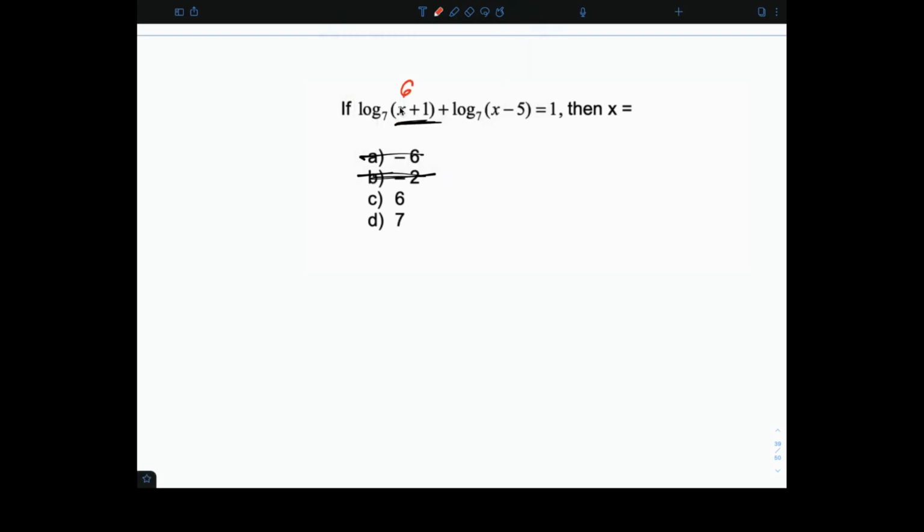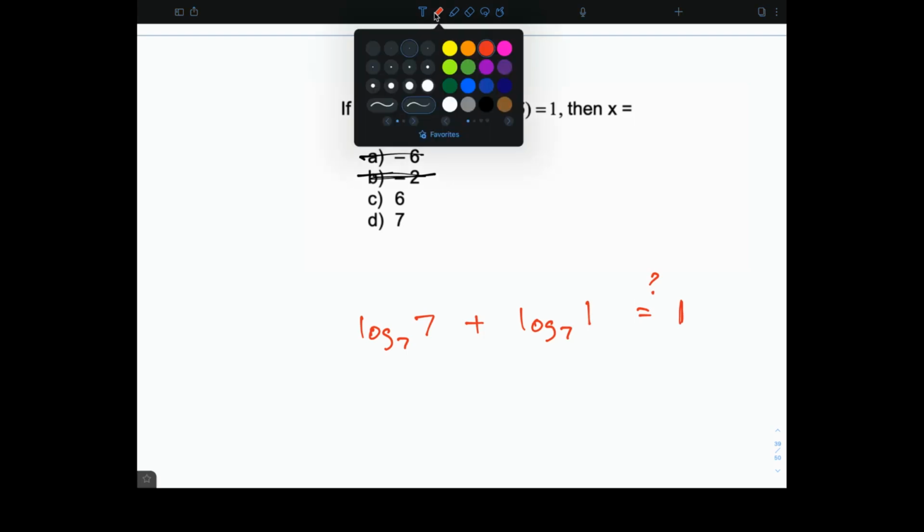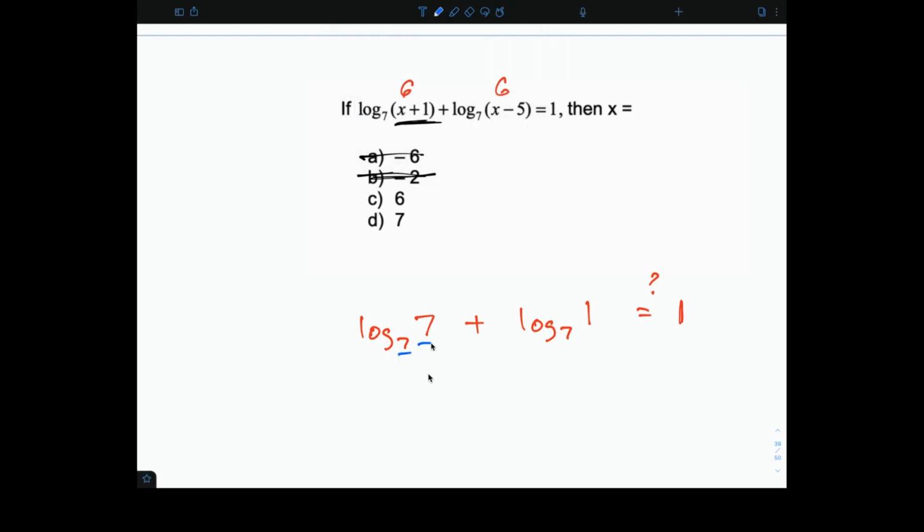So I'll plug in 6. And so if we plug in 6, we get log base 7 of 7 plus log base 7 of 1. We're seeing if that's going to equal 1. Well, I know log base 7 of 7, if these two match up, remember this exponent is 1, this is just equal to 1.